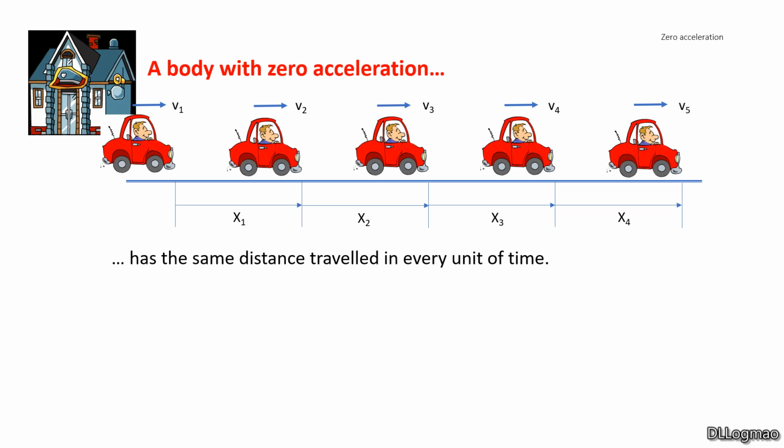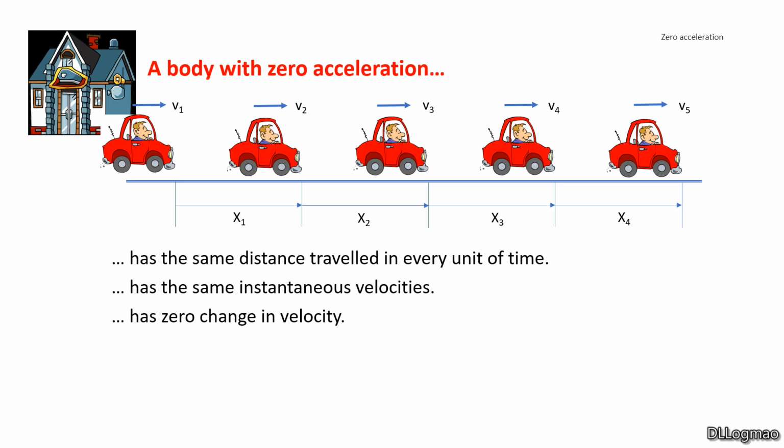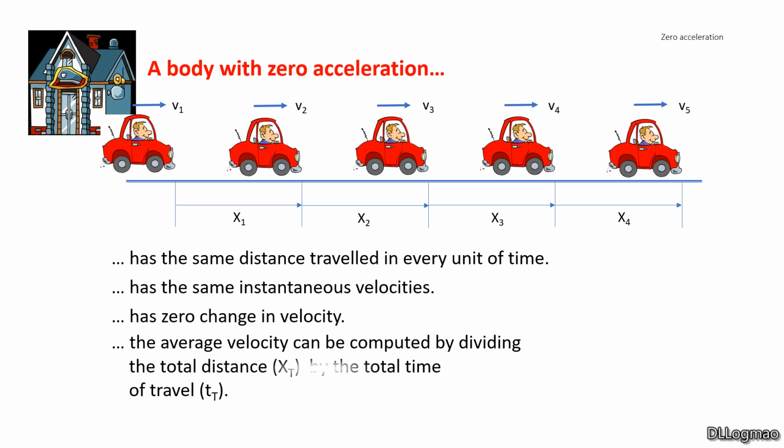V sub 1 is equal to V sub 2, equal to V sub 3, equal to V sub 4, and equal to V sub 5. The body has the same instantaneous velocities. Because the instantaneous velocities are equal, the change in velocity is 0. The average velocity can be computed by dividing the total distance traveled by the total time of travel. The motion of the body is uniform.